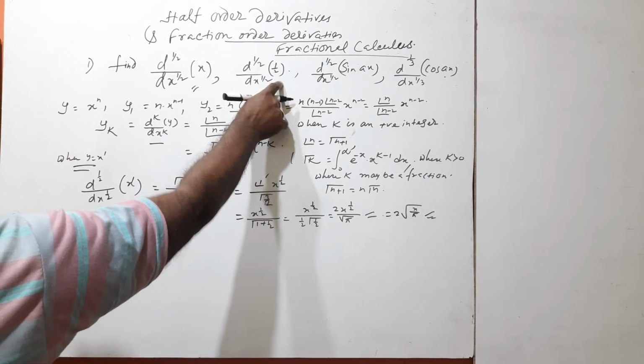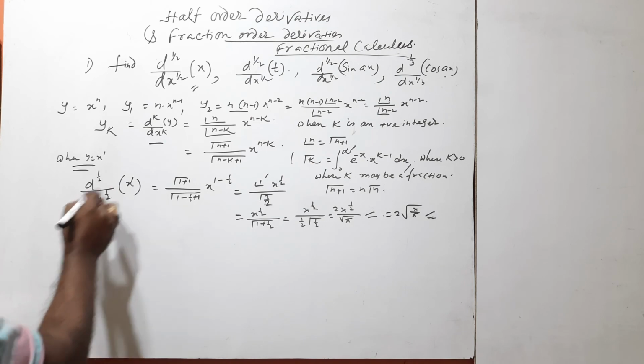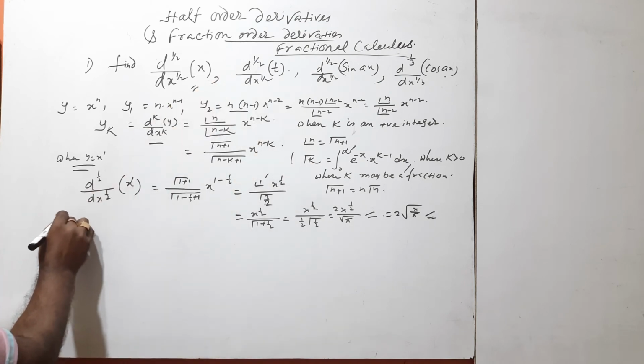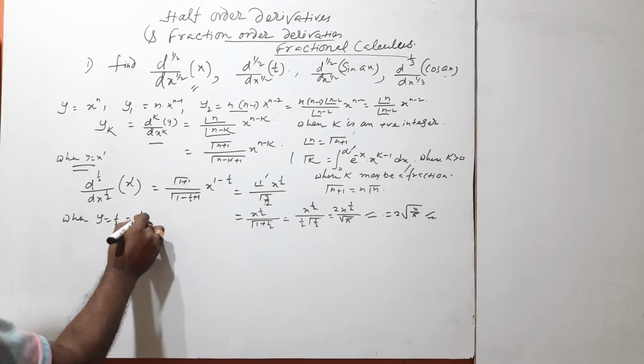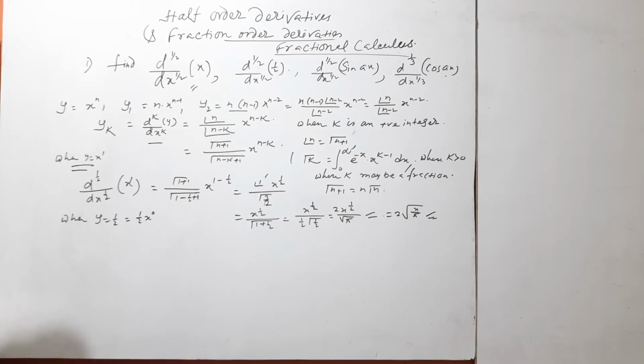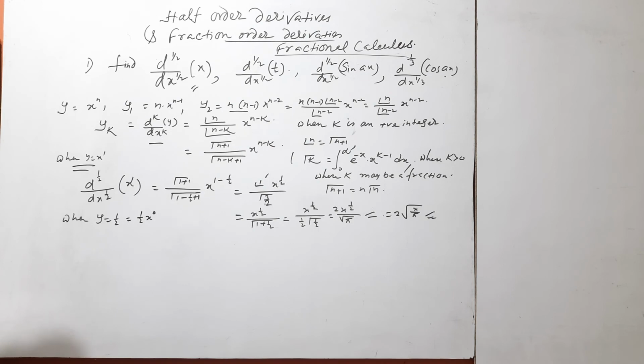So for the second case, when y is equal to half, half can be written as half into x to the power 0. So in that case, n here is 0.